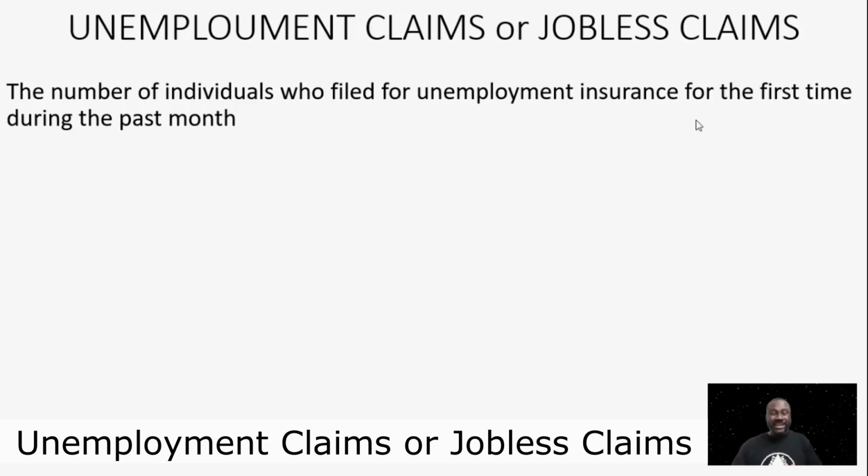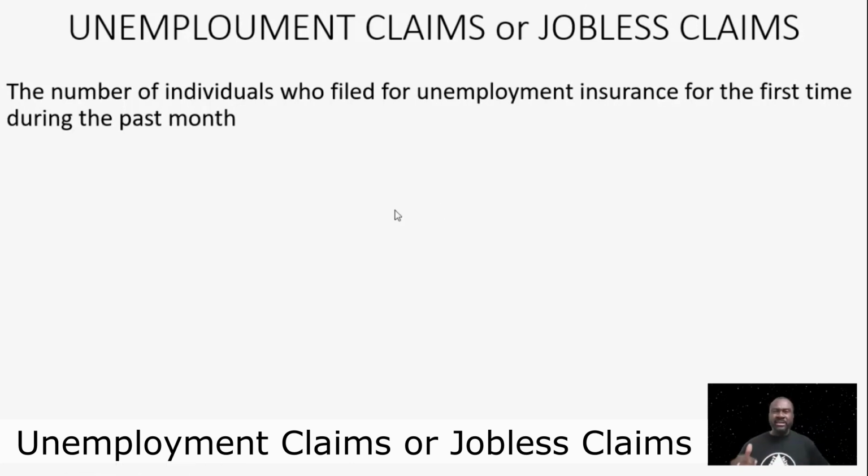When you have more, the companies are laying people off, which means the economy might be going through a downturn. But if the number of unemployment insurance claims decreases, more people stay in their jobs, which means they're going to have income. That's why we need to know the unemployment claim.